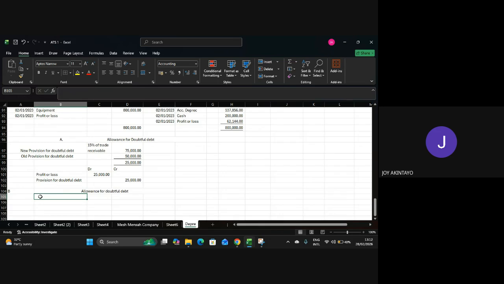So let's look for the difference for what we need to add. That will be 2.5%. We need to determine what we are adding to get our new provision on 500,000.